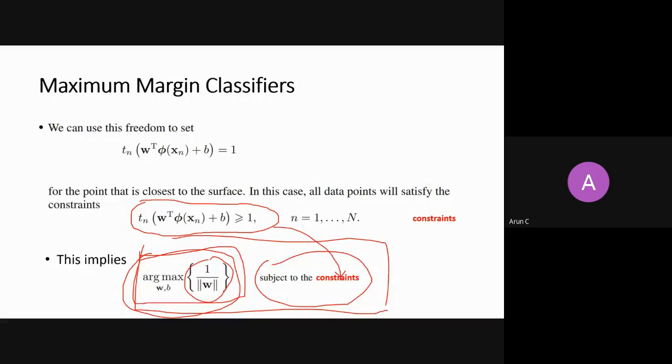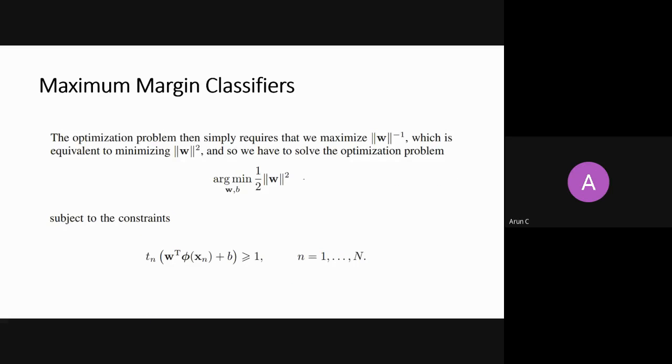So then what they do is convert this maximum into a minimum problem and just minimize the inverse. So rather than maximizing 1 upon W, the new problem is to minimize only W, right? It is the same thing. Do you agree? Minimizing W is the same thing as maximizing 1 upon W.